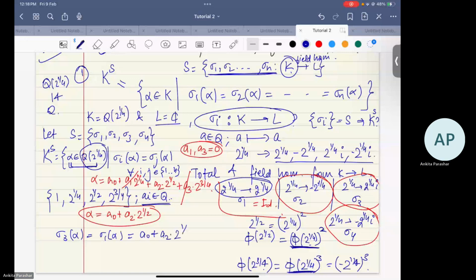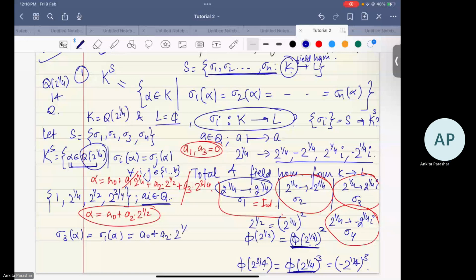So we will simply write any element alpha in K. Let me write the definition first. This is the set of all those alpha in K such that sigma 1 alpha is the same as sigma 2 alpha. Only two.